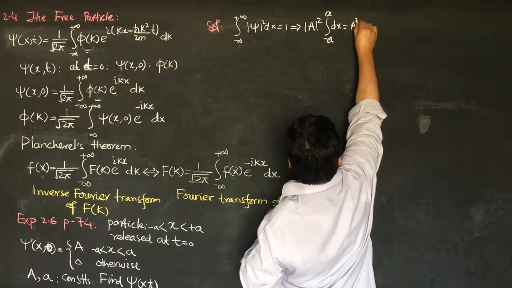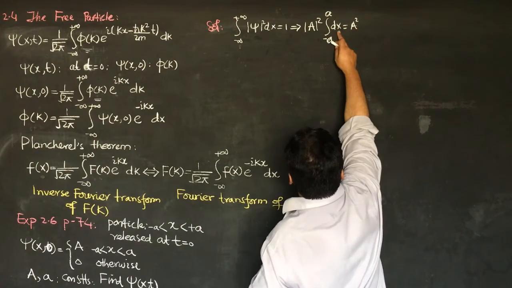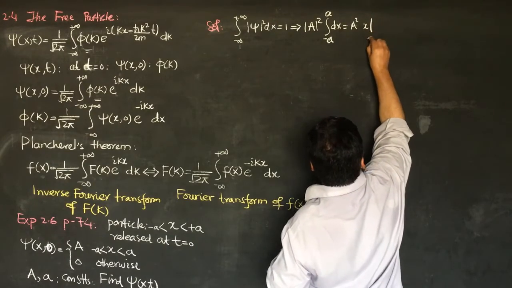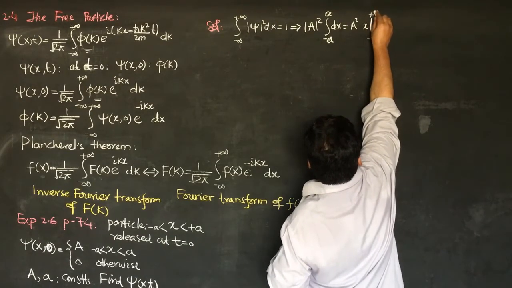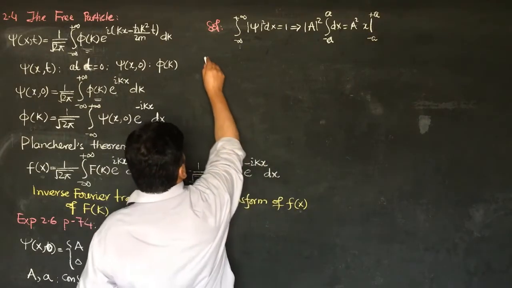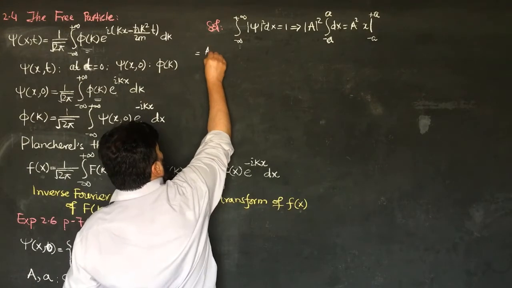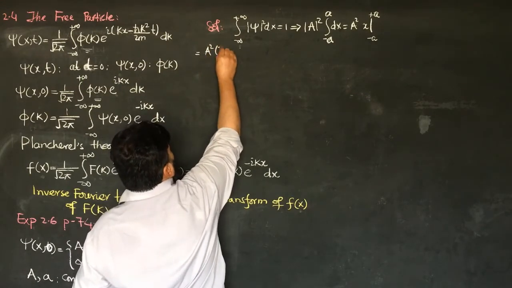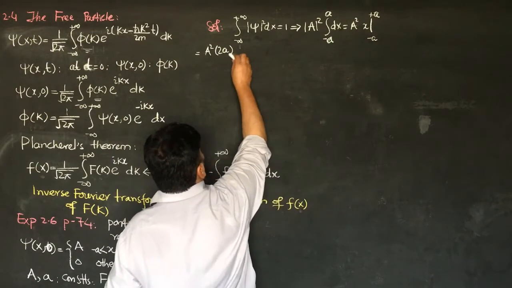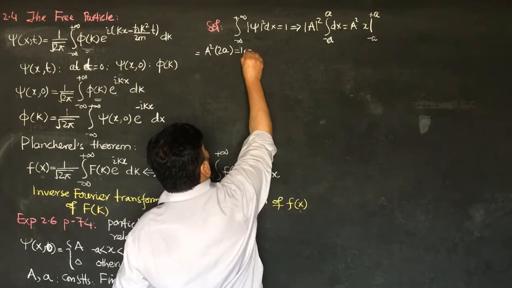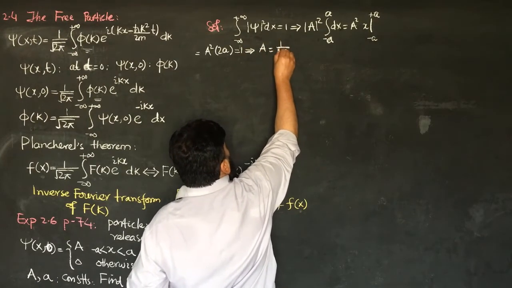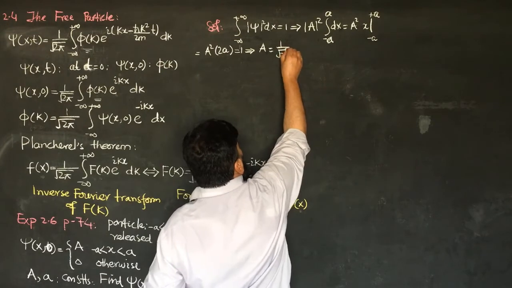So it will be A², and then the integral of dx will become x from minus a to plus a. So I can write that this is equal to A² times 2a, because a minus minus a is a plus a, 2a, is equal to 1, and this implies that A is equal to 1 over the square root of 2a.